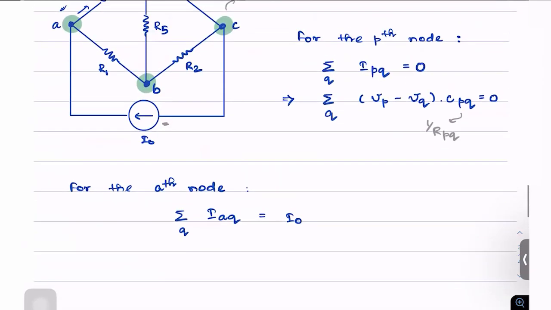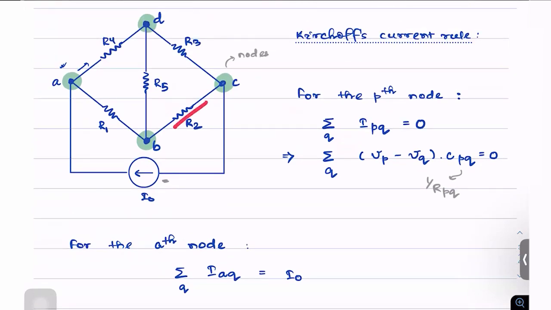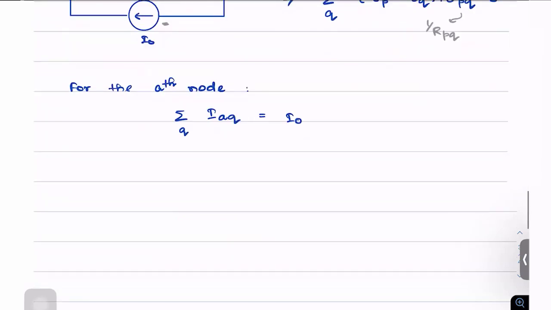Similarly, for the cth node again, there will be one branch here, which will also have a non-zero current. Again, while writing the summation, we can separate out these branches. And we write it in this manner.